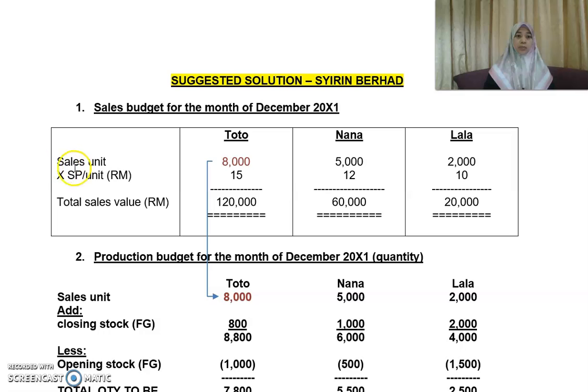The sales in units times the selling price per unit in RM gives you the total sales value: 120,000 ringgit for Toto, 60,000 ringgit for Nana, and 20,000 ringgit for Lala.